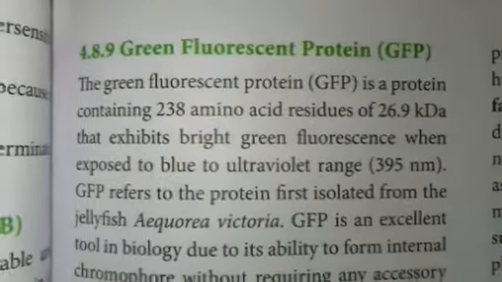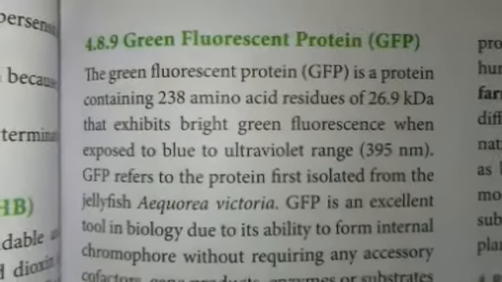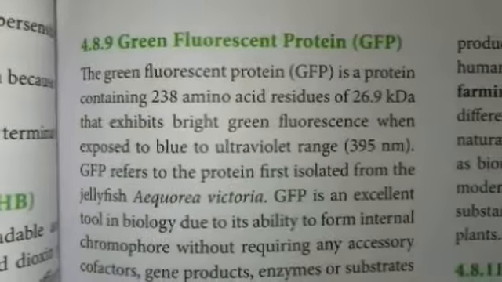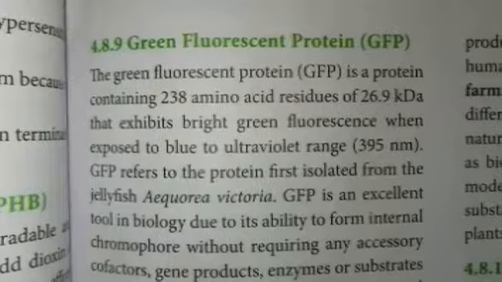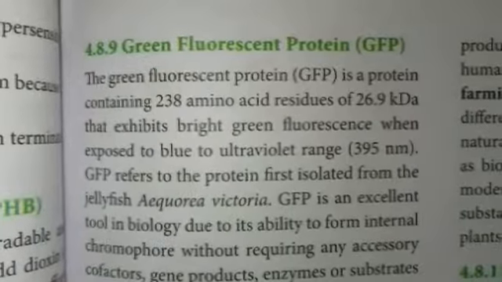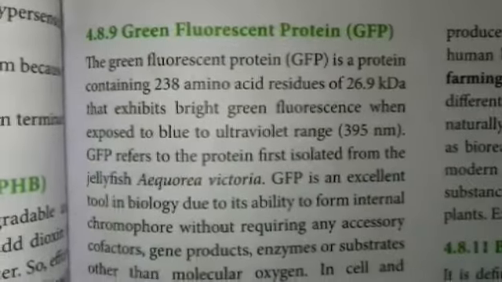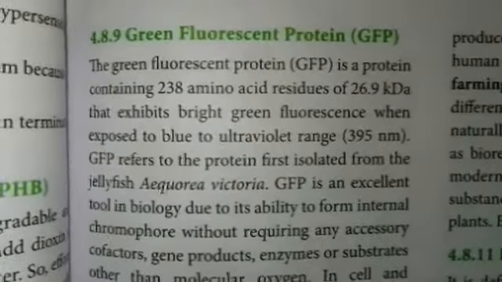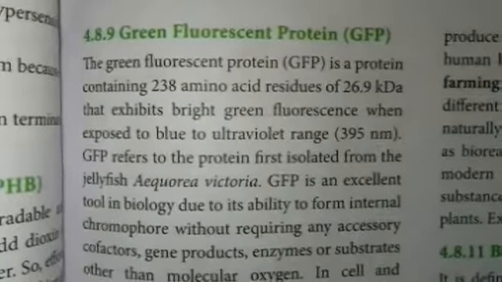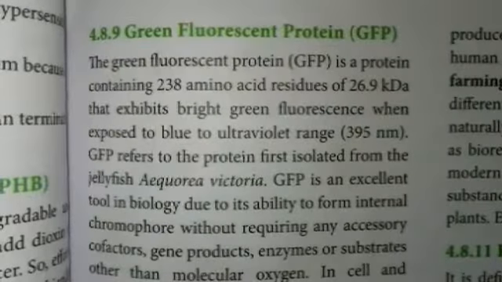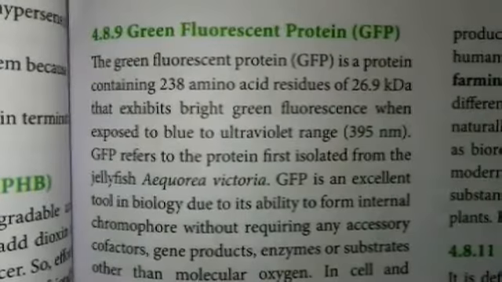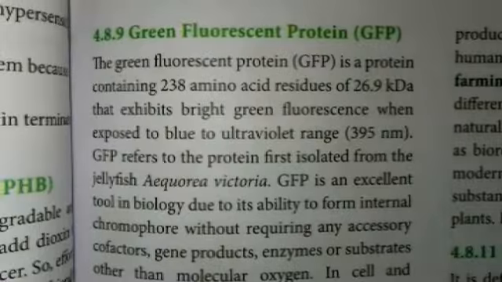Green fluorescent protein, GFP. The green fluorescent protein is a protein containing 238 amino acid residues of 26.9 kDa that exhibits bright green fluorescence when exposed to blue or ultraviolet light, around 395 nanometers.